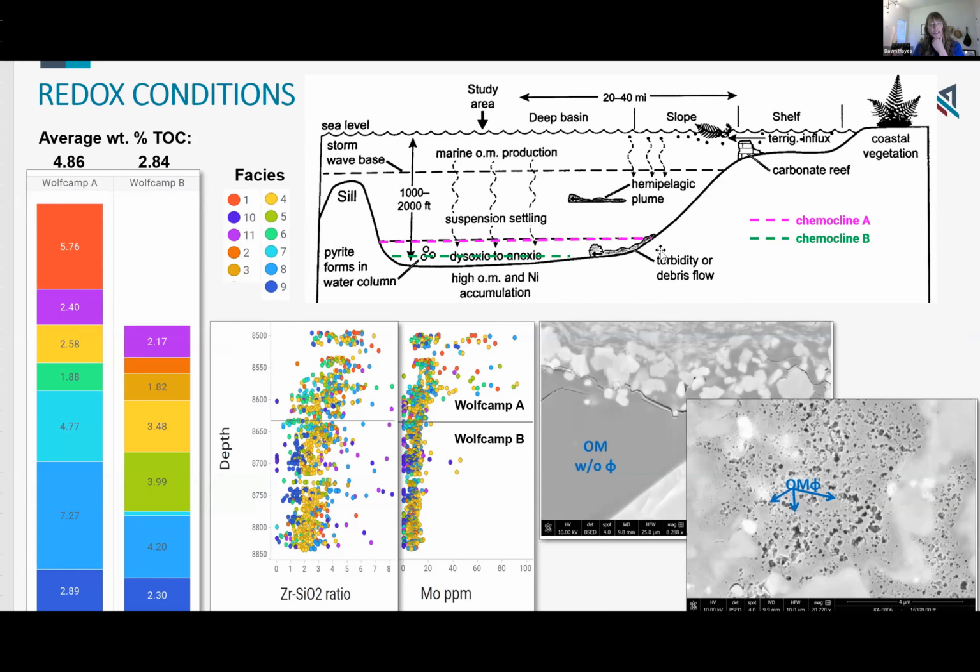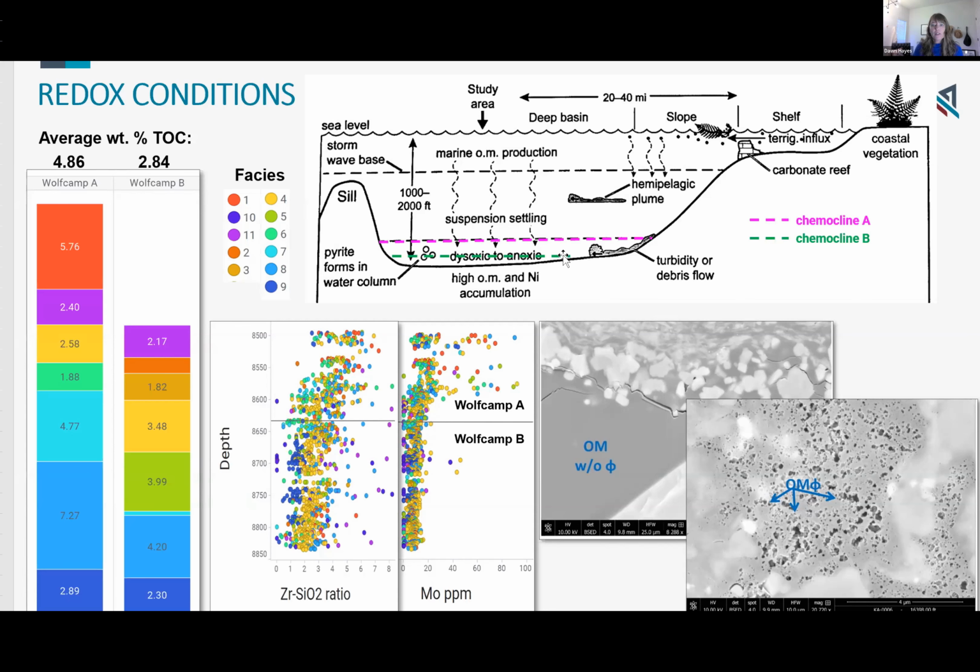Like I mentioned earlier, it's not only the depositional environment, you can see these chemocline diagrams. The chemistry of the water in the basin can change. So maybe during Wolfcamp A, we might have had that line of chemical change a little bit higher, so that more of the basin was more dysoxic to anoxic during short periods.